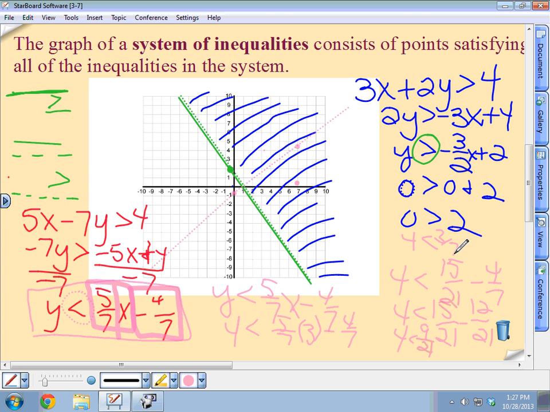Is that a true statement or a false statement? False. It's a false statement, which means that this point that you picked is not part of my solution, which means this is part of my half plane. That is part of the solution.